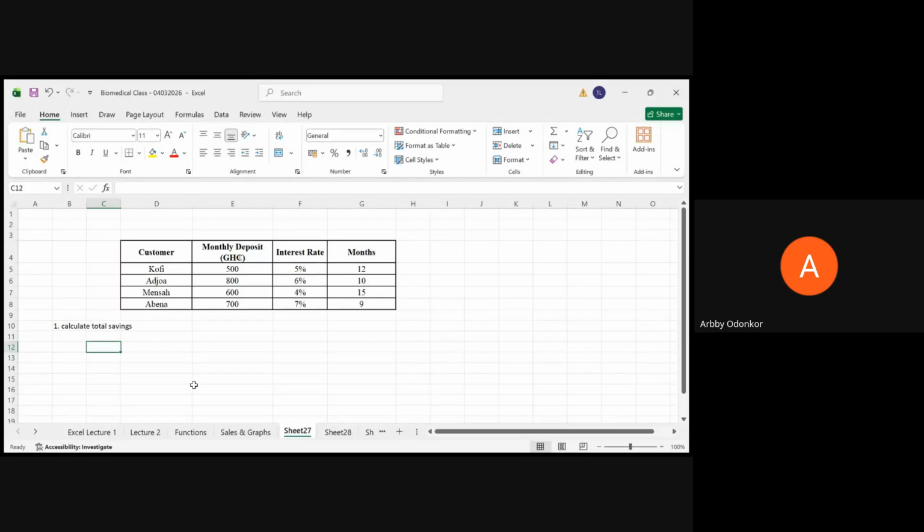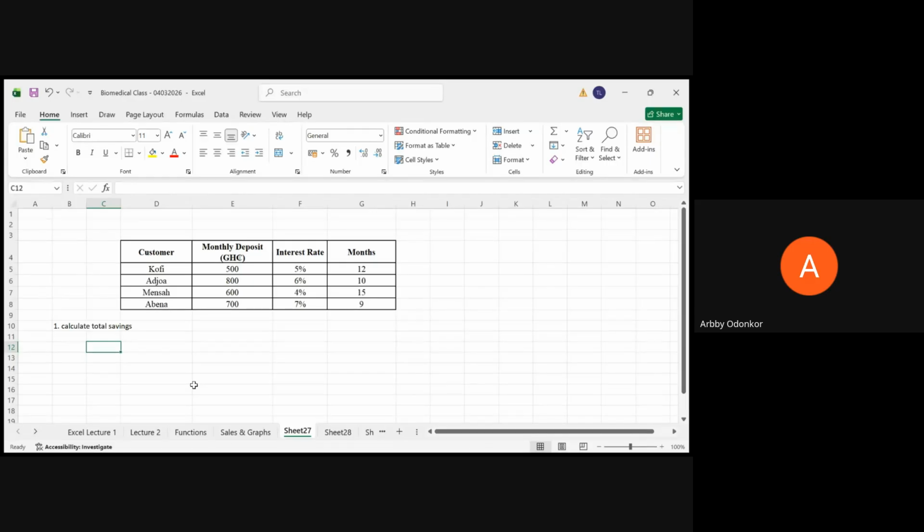I'm asking you a question. Let's say you are a savings and loans company, and within the month 10 people deposited, and you want to find the total savings. How will you go about it? You add all the monies they've saved. Exactly. So you have to do each individual person's savings, and then you put it all together.